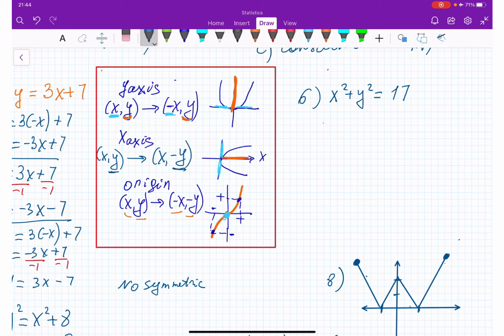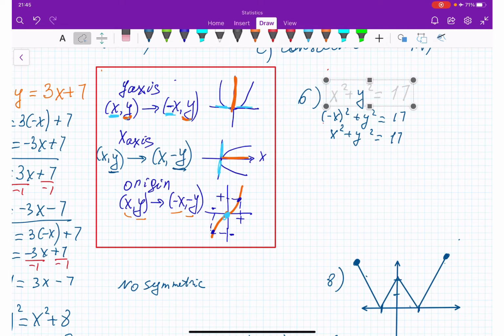All right, let's plug. Negative x squared plus y squared equal 17. That means negative x to the power 2 is going to be positive x squared, yes? X squared plus y squared equal 17. If we compare to the original one, we get identical.